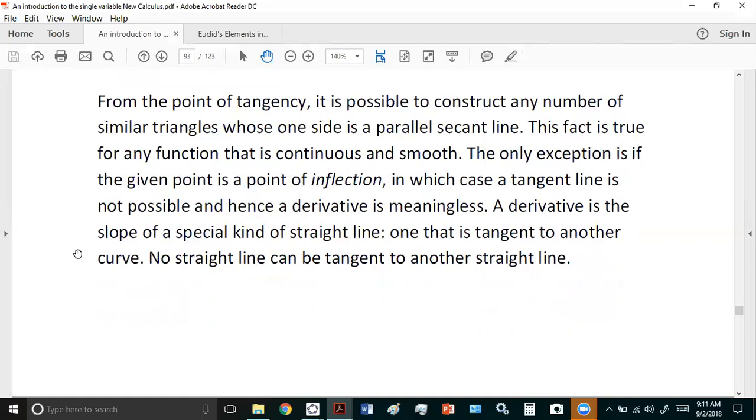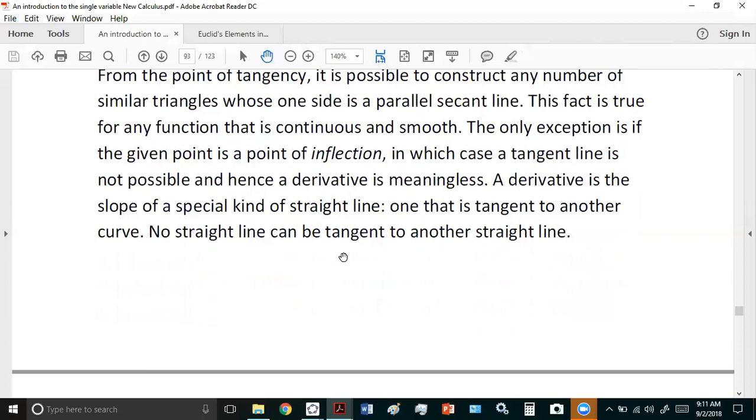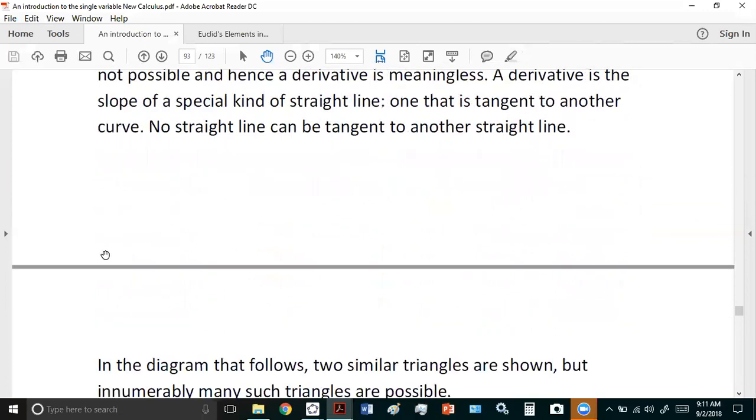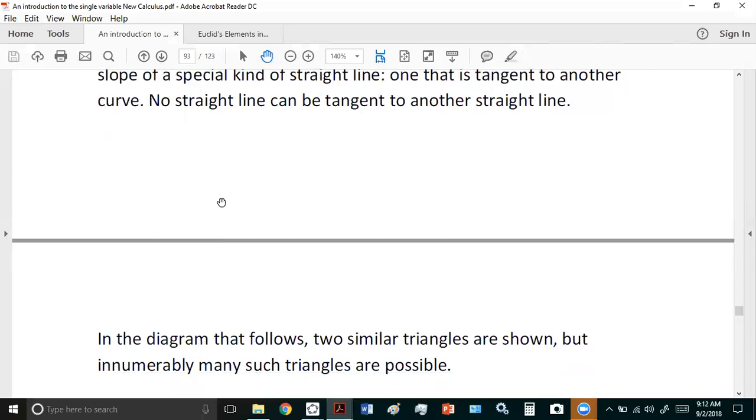A derivative is the slope of a special kind of straight line, one that is tangent to another curve. No straight line can be tangent to another straight line. So while every straight line has a slope or a gradient, not every straight line has a derivative. It's only a derivative if it is tangent to another curve at that point.